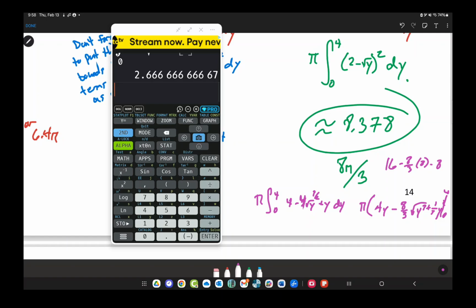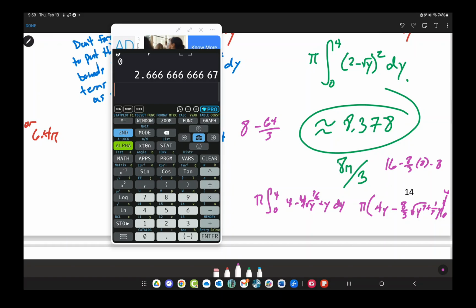I got 8 minus 64 over 3. That's not right. It should be 4 times 4, which is 16, minus 8/3 of 8.